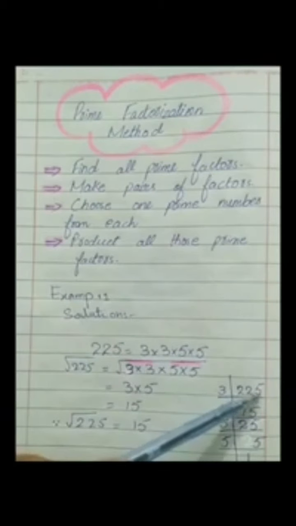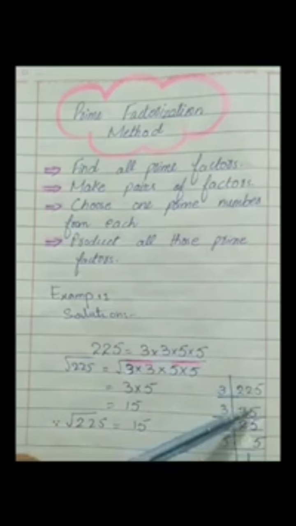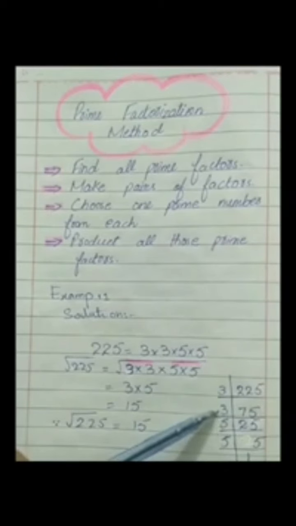So 225 is also divisible by 3. 3 sevens are 21, 1 carry, and this is 15. 3 fives are 15. Now the sum of 7 and 5 is 12, which is also divisible by 3, and 75 is divisible by 3. 3 twos are 6, 1 carry, 3 fives are 15, and then 25, which is divisible by 5. 5 fives are 25, and then 5 ones are 5.